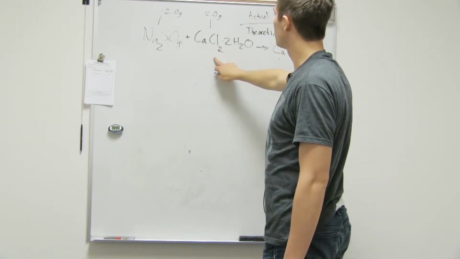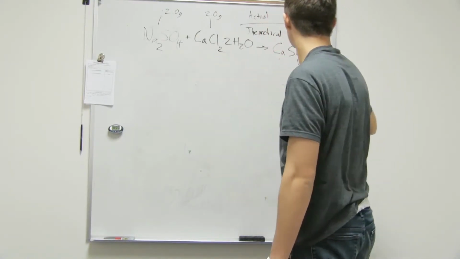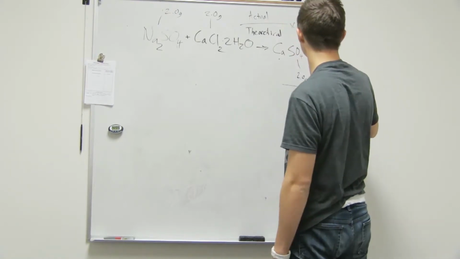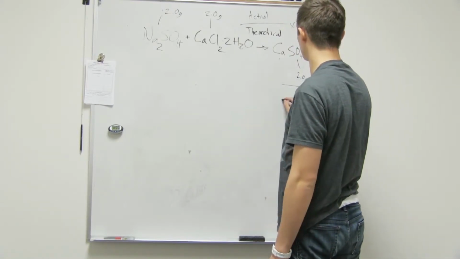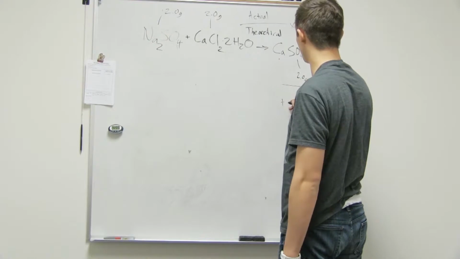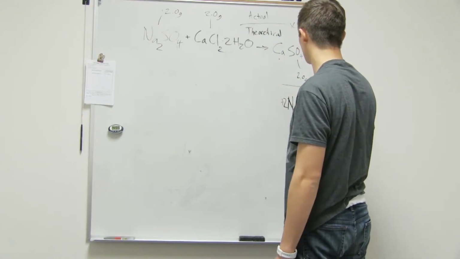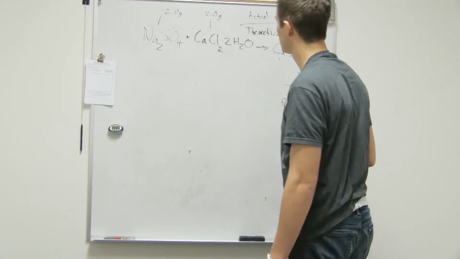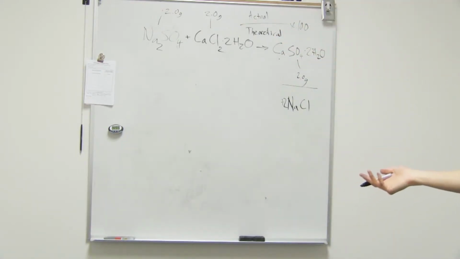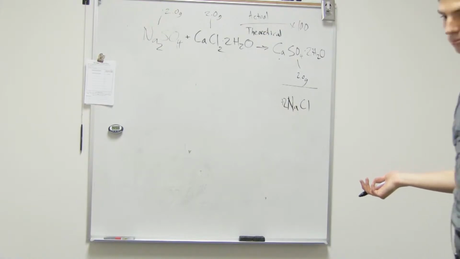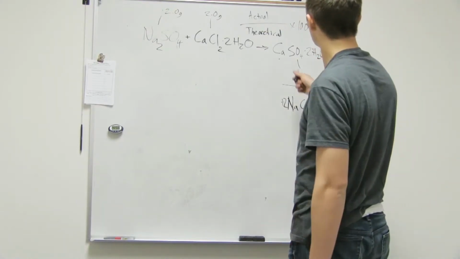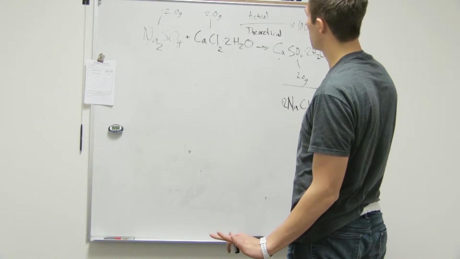The Cl though, this is going to make a salt, so it's also going to come with a salt here. I'm going to write it down here. It's going to be 2 NaCl, which they didn't even say anything about. But whatever. So I think we're good now.